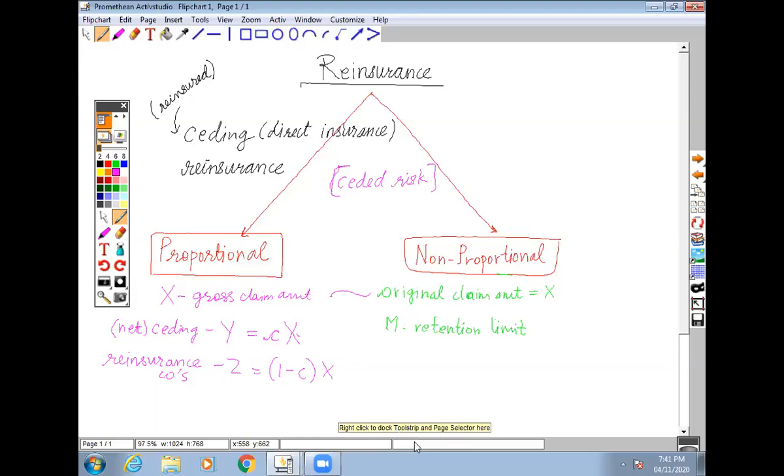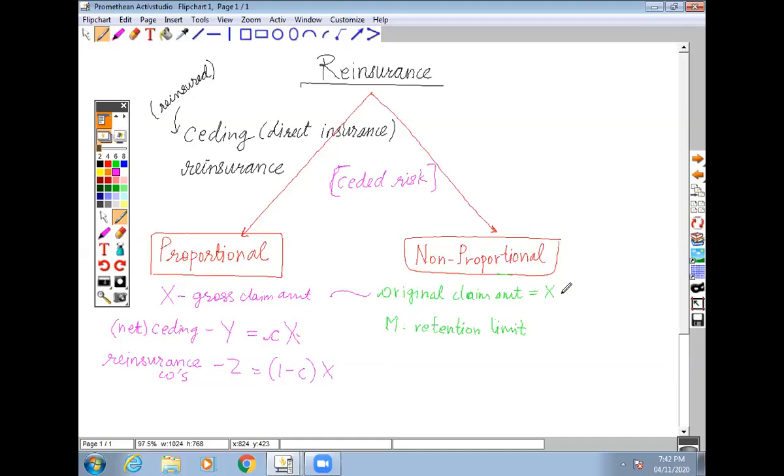And let's say the M limit set here was 50,000, then in terms of non-proportional insurance, who will tell me what should be the distribution of the claim amount between the insurance and reinsurance company? So the X here is 10,000 and my retention limit is 50,000. The insurance company will pay 10,000, that's it, right?